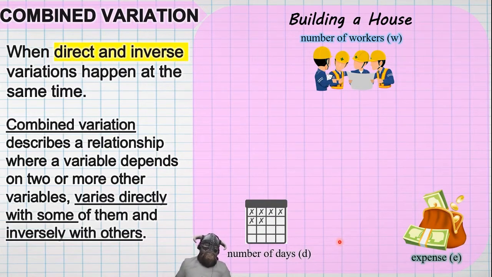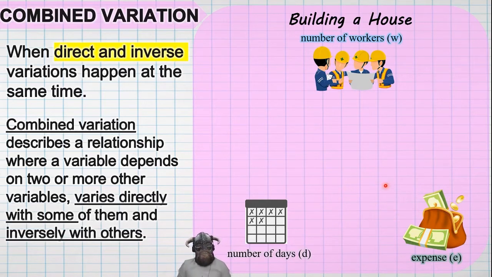So another situation that discusses a combined variation. Why? As the number of workers increases, the number of days decreases. Katulad yan ng dinescuss ko sa inverse variation nung nakaraan. Habang dumadami yung tao, mas umiikli yung araw para matapos nila yung trabaho. Syempre marami silang maghahati-hati para matapos itayo yung bahay.